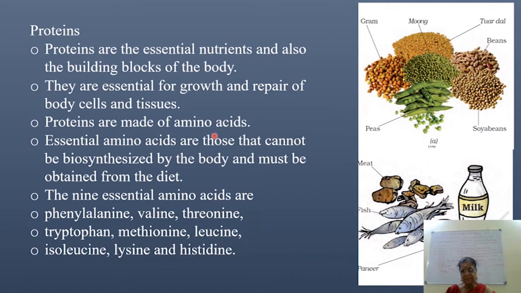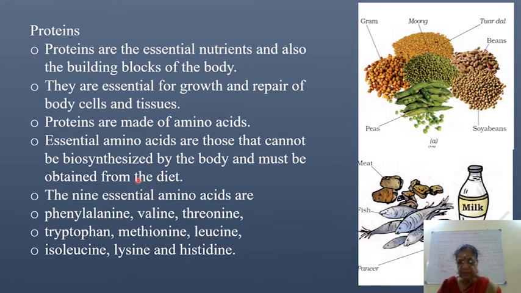In non-essential amino acids, the protein molecule develops in our body itself. When the protein content is digested, it is absorbed by the blood as amino acids. Whereas some essential amino acids cannot be synthesized by the body, so they have to be taken from the diet.